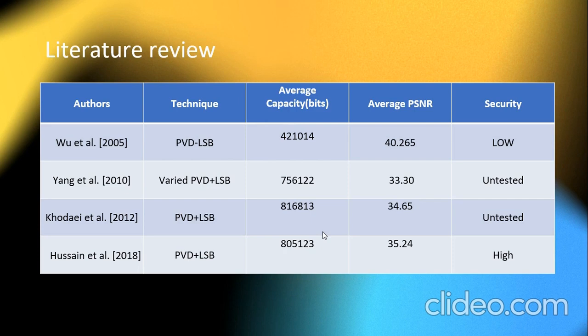And then in 2000, Young et al. proposed another method. There we got a good PSNR with a good capacity. Next, in 2012 and 2018, we see the capacity is growing, PSNR is also growing, and the security is getting higher.